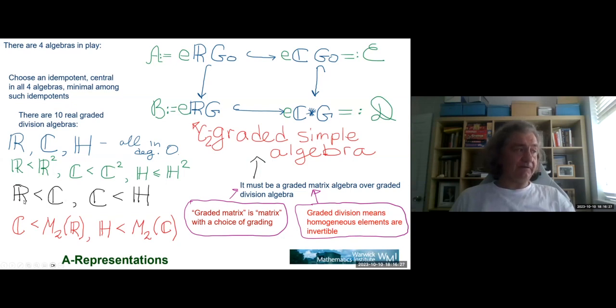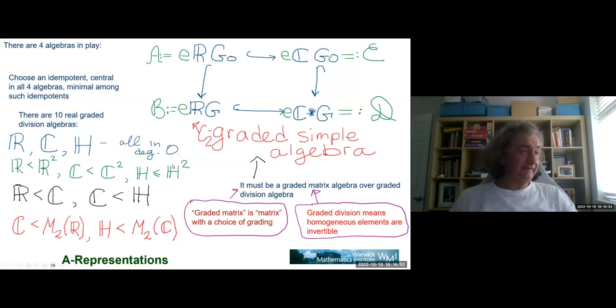Then you can have a graded division algebra with R sitting inside C and C sitting inside H. And then there are 2 remaining possibilities. Your complex numbers could be inside M2(R) and H inside M2(C). And again, you can put a grading on M2(C) so that H is the grade 0 piece.